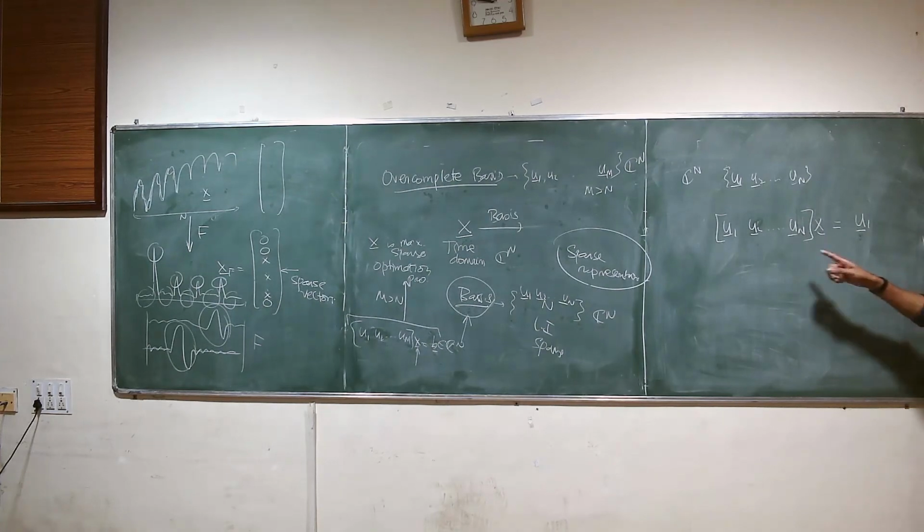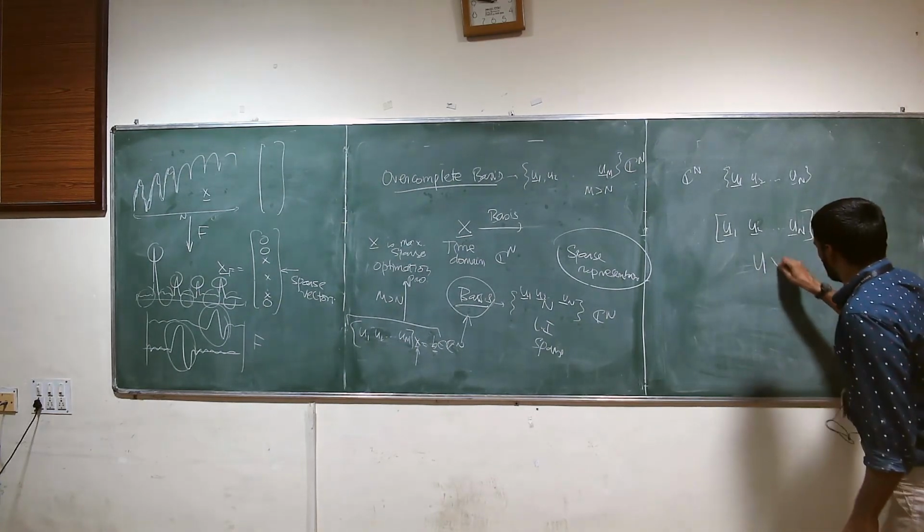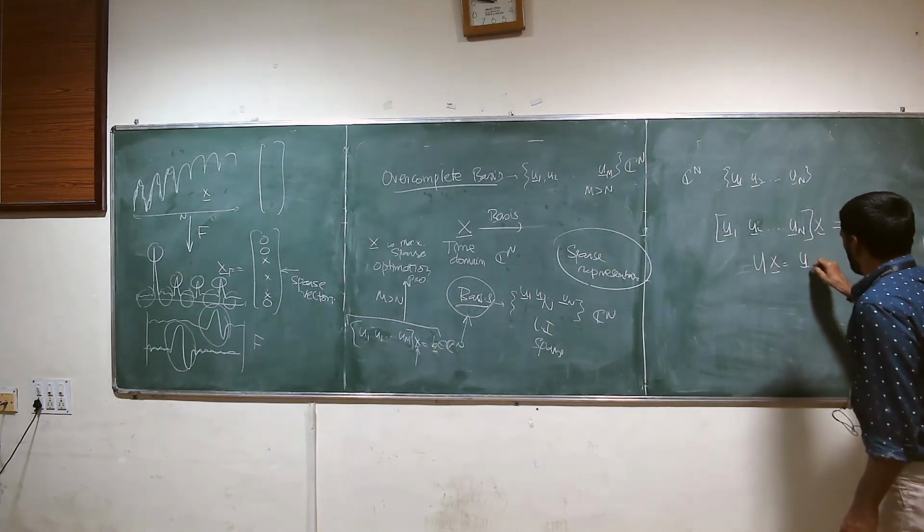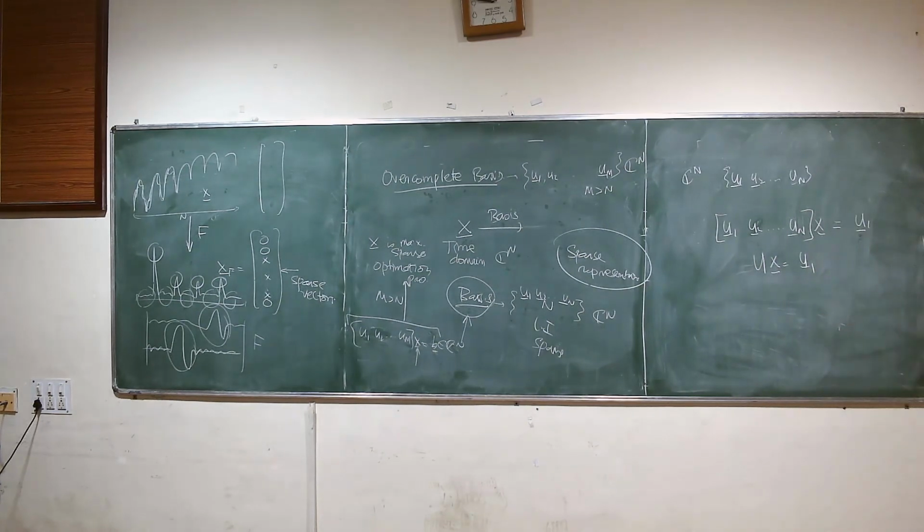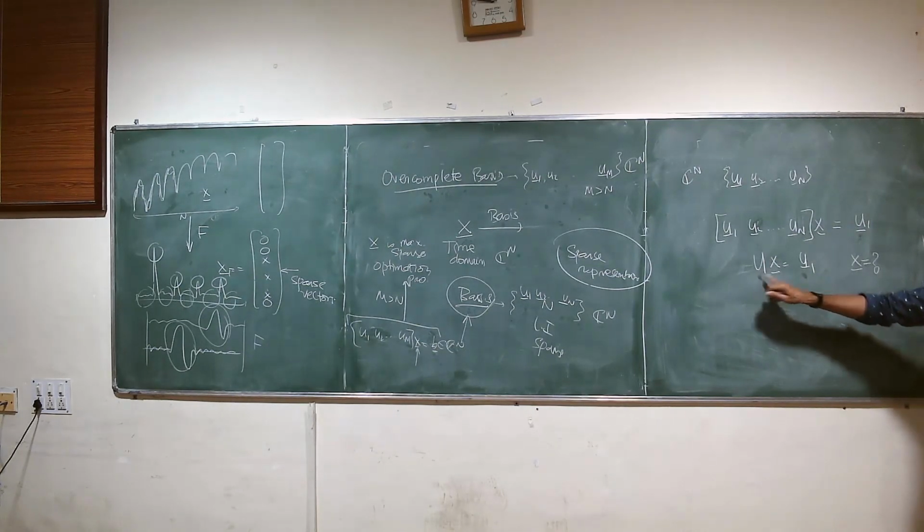This is your u matrix times x. No, sorry, x is what is not known. x is your unknown. You want to represent u1 in the u basis. x is the representation of u1 in the u basis.